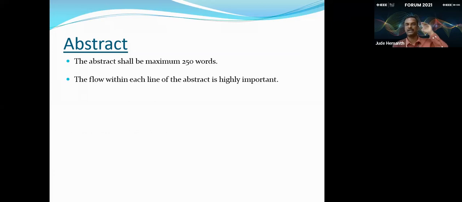The confusion is, is it raining or is it hot? So some information is missing between these two lines. Rama is sitting in the house because it is raining. He is going out of the house with an umbrella. That would have been much better.